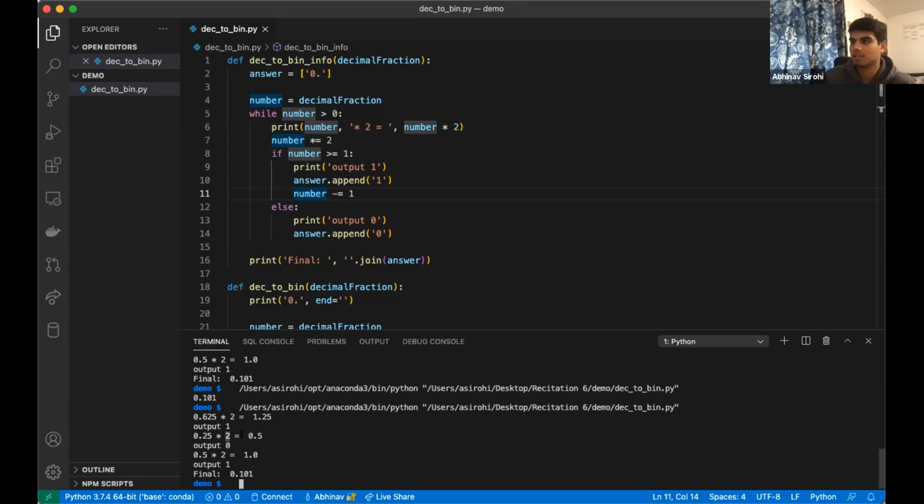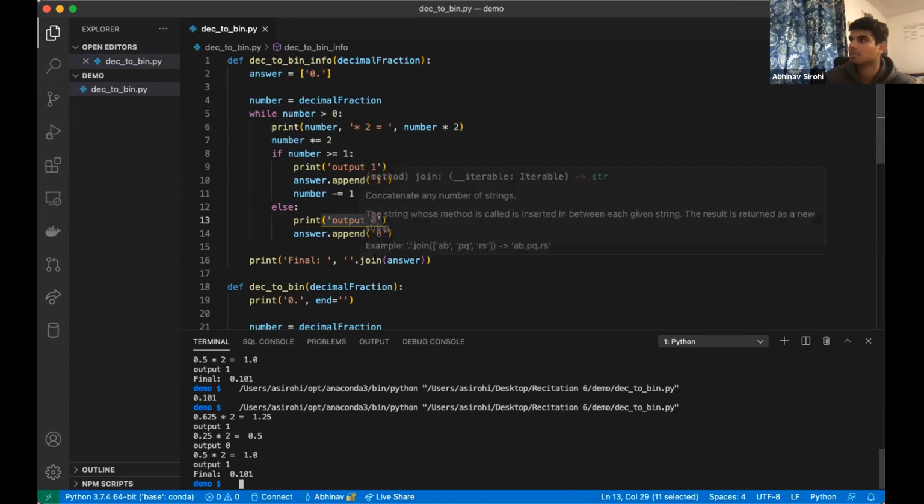Multiply that by 2, that becomes 0.5, and that number is no longer greater than or equal to 1, so we output a 0, and that's the 0 we see here. Then we take the 0.5 and multiply by 2 and we get 1.